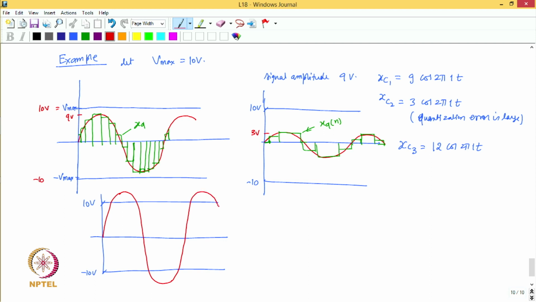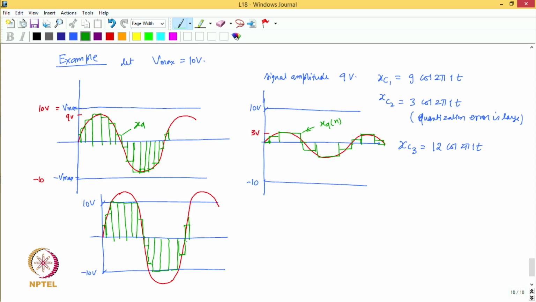And now, how is quantization going to happen? We may have a sample here like this, sample here like this, and now here the signal would be clipped because it exceeds the maximum allowable range, and then the signal looks like this, in this manner.